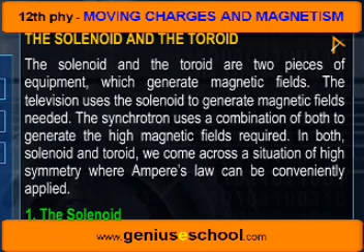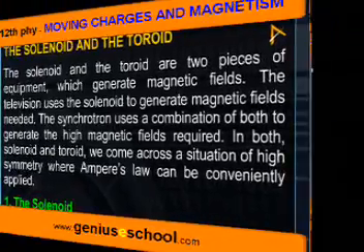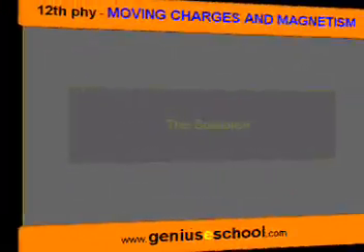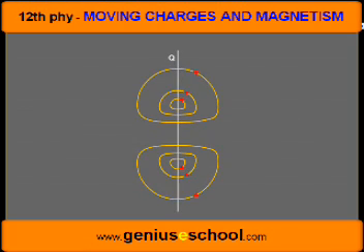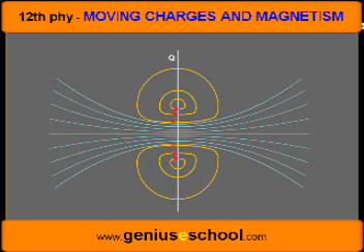The solenoid and the toroid. The solenoid and the toroid are two pieces of equipment which generate magnetic fields. The solenoid. This animation shows the magnetic field of the solenoid.